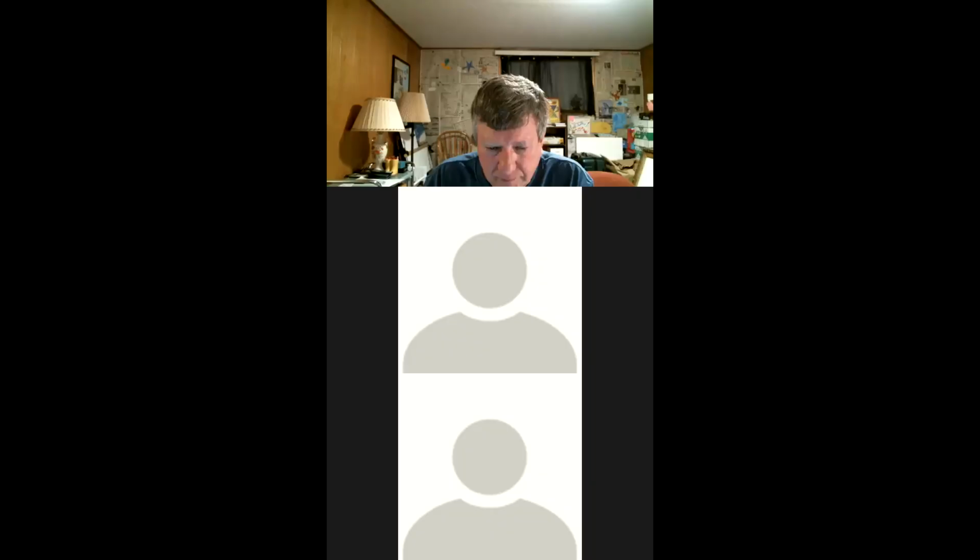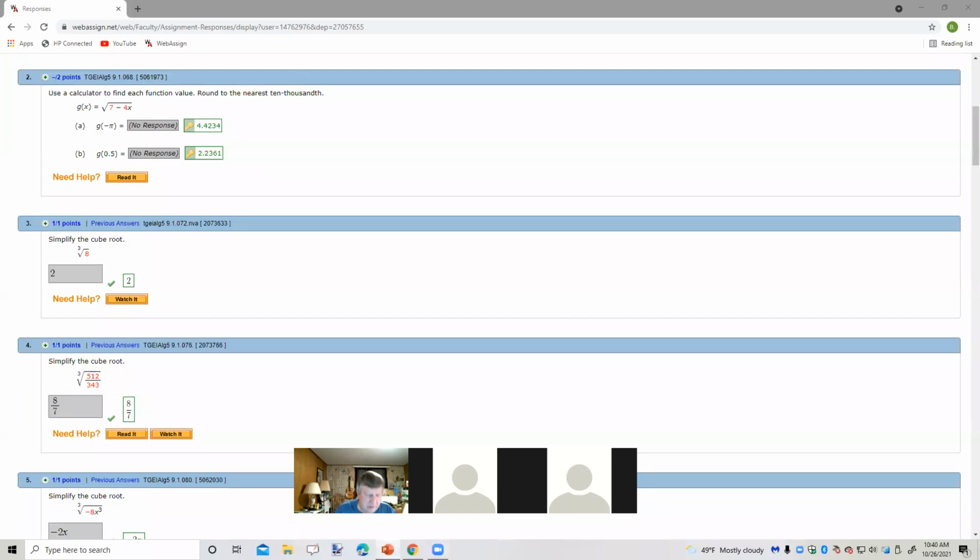So number 2 says, use a calculator to find each function value, round to the nearest 10,000th. So we have g of x equals the square root of 7 minus 4x. And then part A is g of negative pi. And part B is g of 0.5.